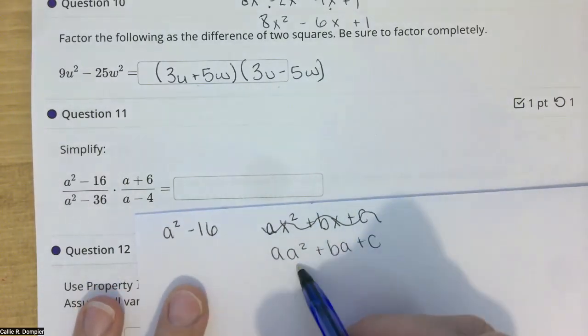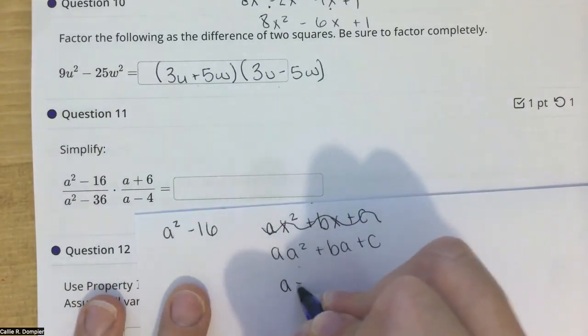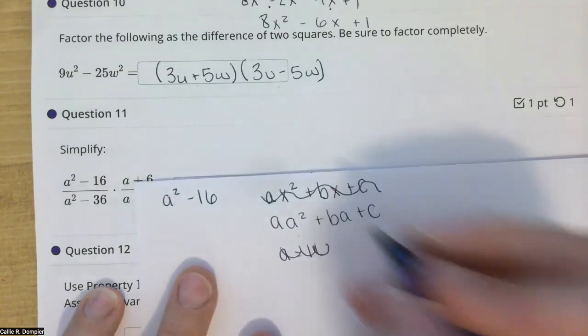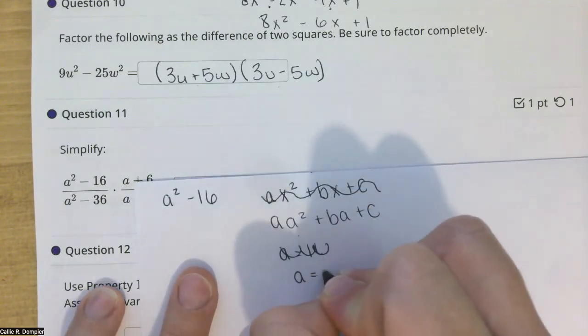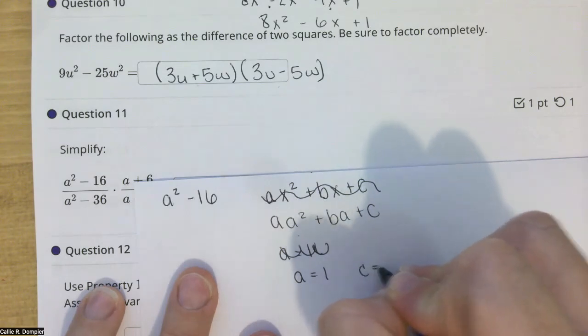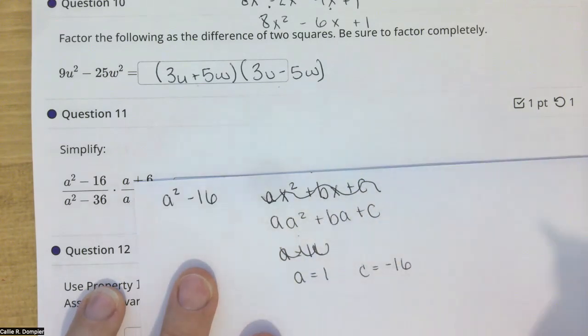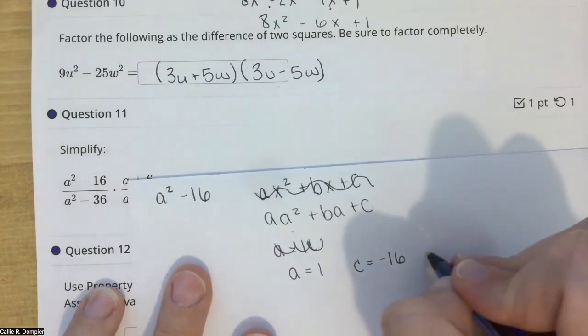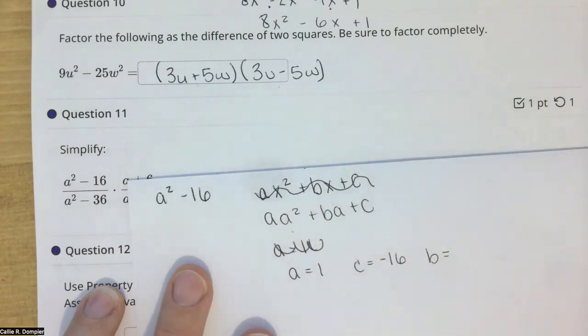All right. My A is 1 and my C is -16. My B is, where is it? It's 0. Good.